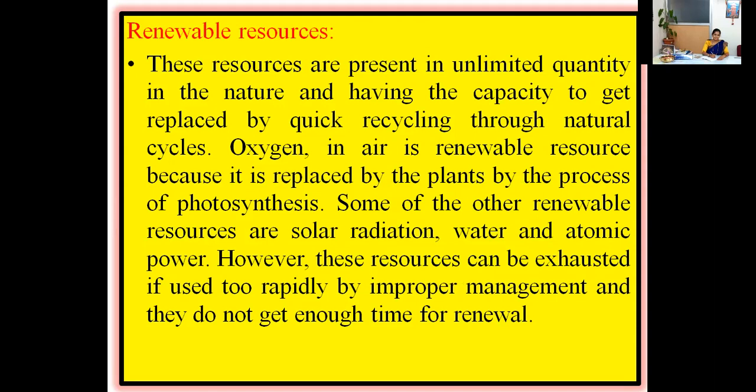For example, oxygen in air is a renewable resource because it is replaced by plants through photosynthesis. Some other renewable resources are solar radiation, water, and atomic power. However, these resources can be exhausted if used too rapidly through improper management, and they do not get enough time for renewal.